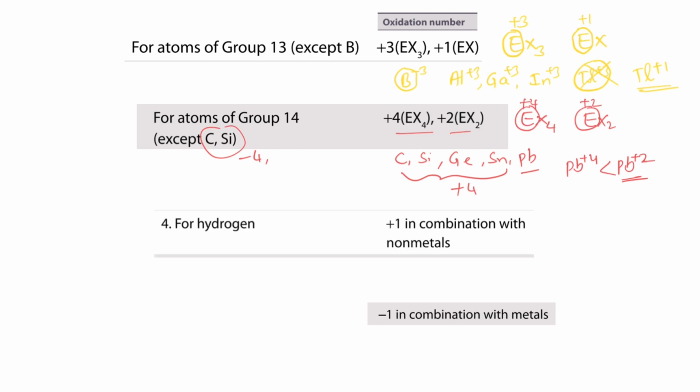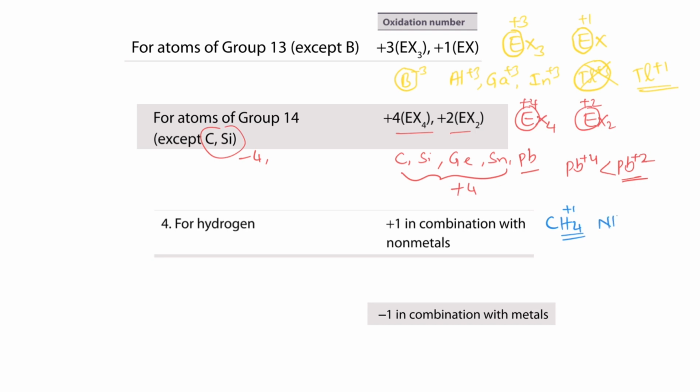Fourth rule, for hydrogen, +1 oxidation number in combination with the non-metals. What is the meaning of this? For example, hydrogen may combine with non-metals like carbon, CH4. Then this hydrogen shows the +1 oxidation state.